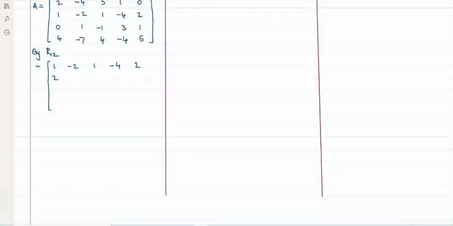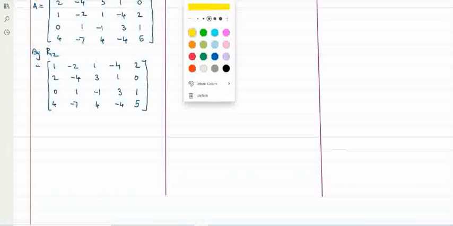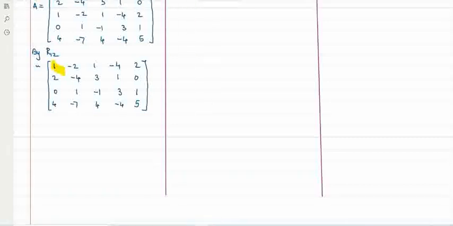That is 2, -4, 3, 1, 0. Remaining rows as it is 0, 1, -1, 3, 1, 4, -7, 4, -4 and 5. Now, in this case, the diagonal entry is, because this is a rectangular matrix, A11, A22, A33, A44. This is a diagonal entry. So you are getting A11 element as a 1.